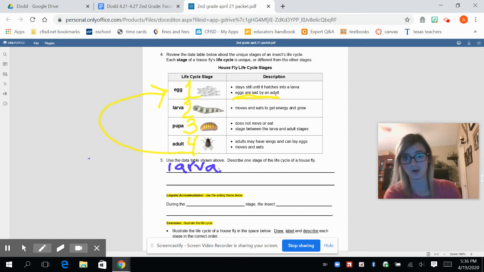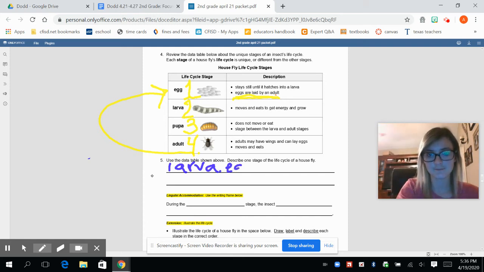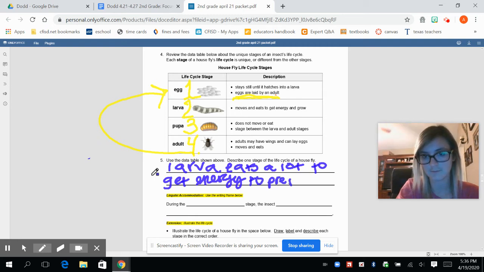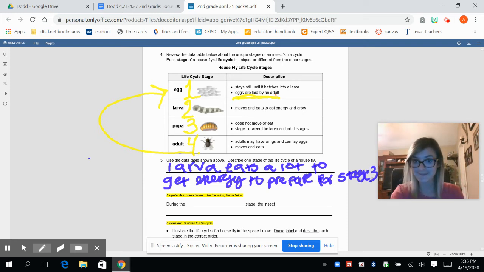And we could say that the larva eats a lot to get energy to prepare for stage 3. Okay, so let's keep going.